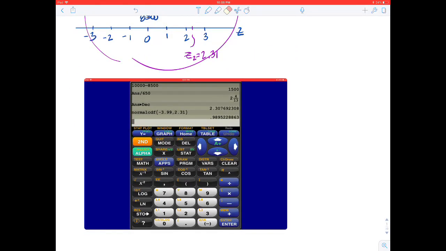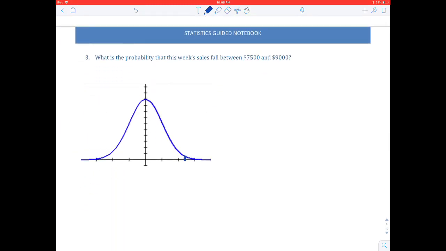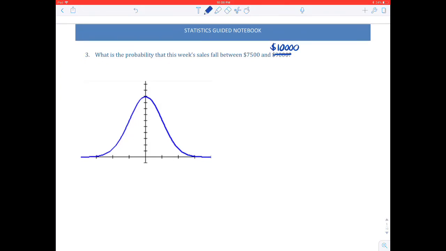Okay, so now let's check out the next problem. What is the probability that this week's sales fall between 7,500 and, oh, whoops, I wanted to relate it to the problems before. So we're going to do between 7,500 and 10,000, all right? So with the putting in the z-scale below, right?